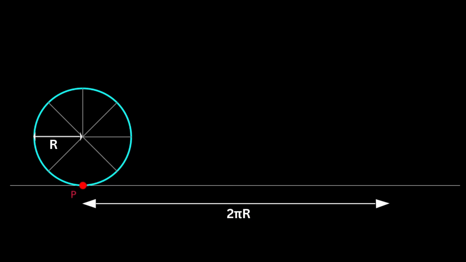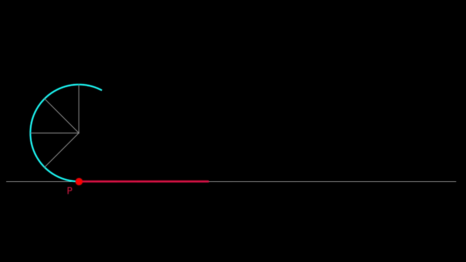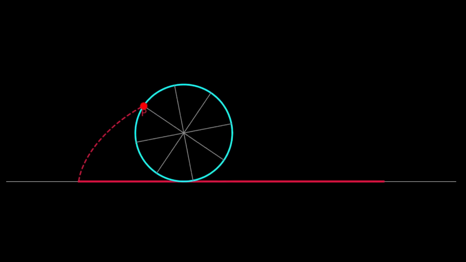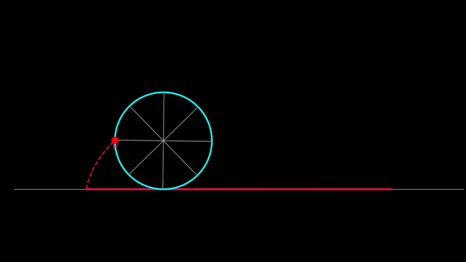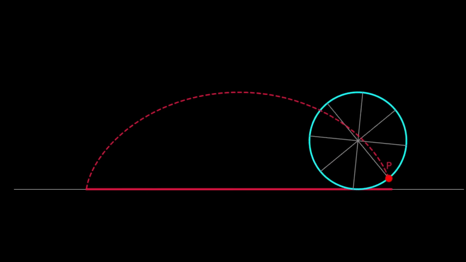Let's try to understand this with a demonstration. Let's consider the wheel with radius r, so its circumference is 2 pi r. Let's consider the point P, which is in contact with the ground at time t equal to 0, and the wheel starts rolling. Let's suppose that the wheel makes one complete rotation, that is, the point P will turn by 360 degrees and again come into contact with the ground.